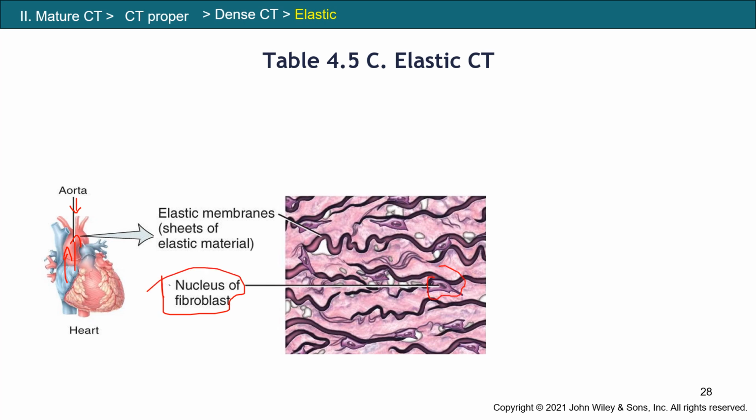But in this case, the fibroblasts, instead of secreting collagen like in the previous one, are going to secrete elastic fibers. Okay, so these can be found in the heart, but also in the lungs or in the vocal cords, in places where you need to be flexible, stretchy, and elastic at the same time to fulfill the function.